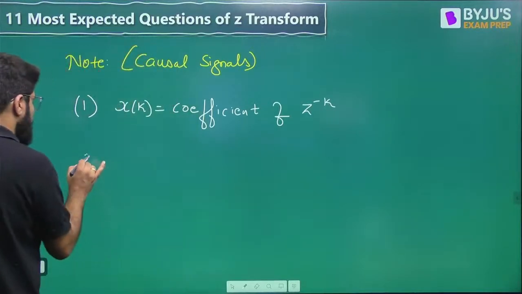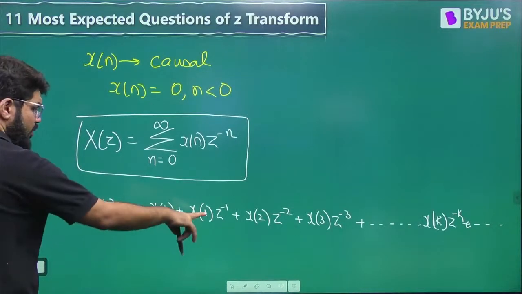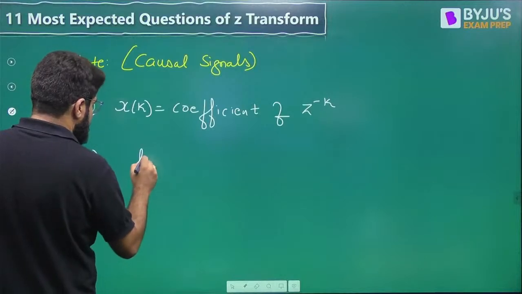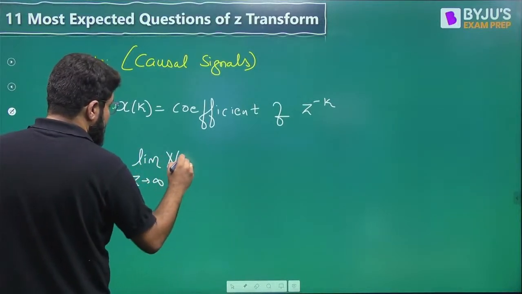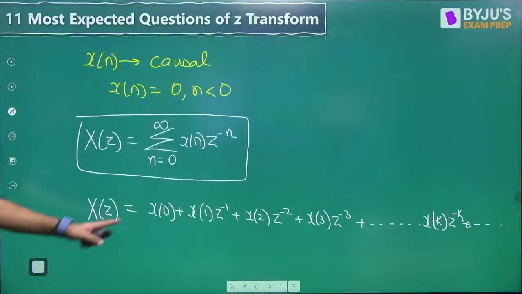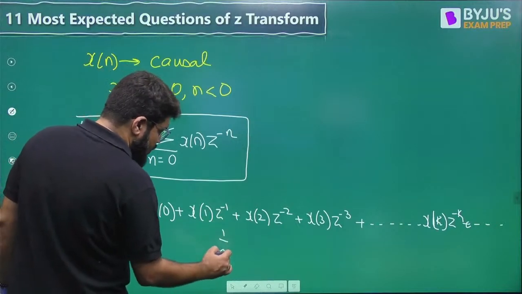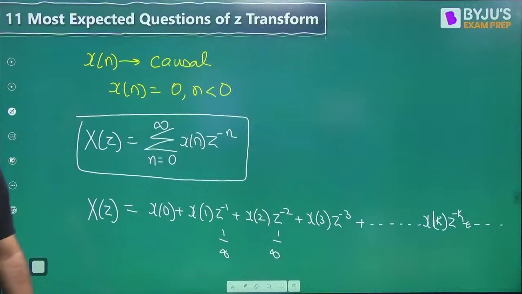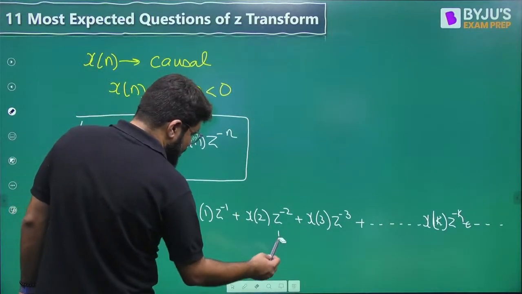Number two point to be noted: when you put z tending to infinity, limit z tending to infinity of x of z, then z inverse becomes 1 upon infinity, z power minus 2 again 1 upon infinity. All the negative powers of z become 1 by infinity, and 1 upon infinity is 0.